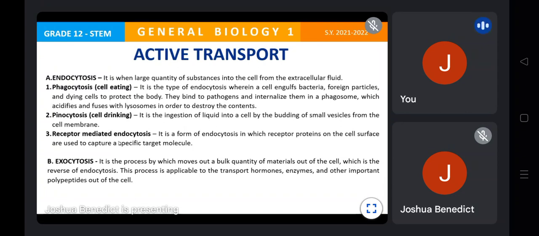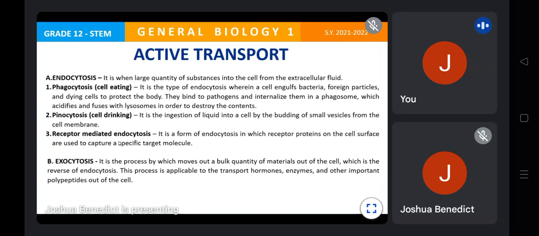So in this case, the cell will then use the receptor proteins to get or target a specific molecule na kailangan niya kuhain. Kaya nagiging controlled ito. Okay, for instance, kailangan ng iron. The receptor proteins will target iron. At kailangan ng additional lipids, etc. So, yun lang ita-target niya. Okay?